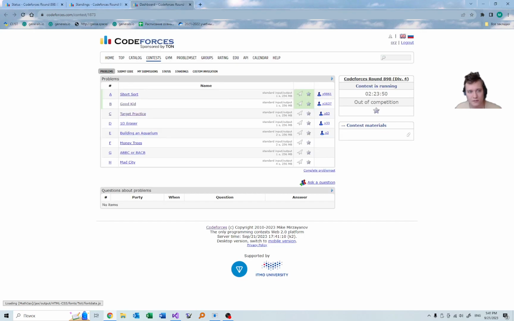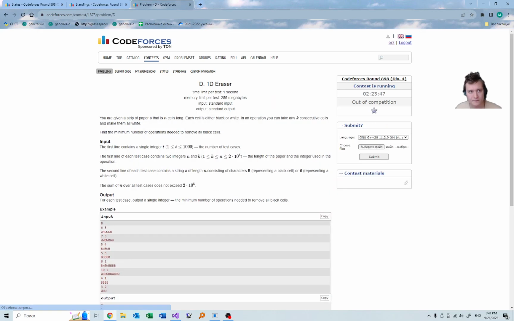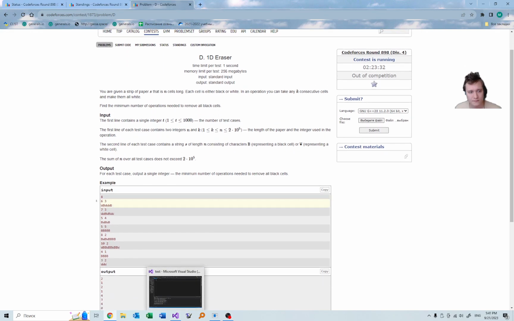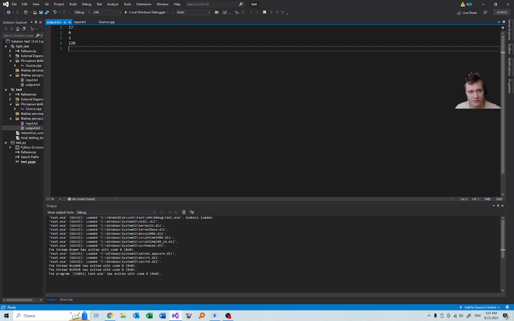Okay, we continue solving problems now. D. You can take any k consecutive cells and make them all white. Great.